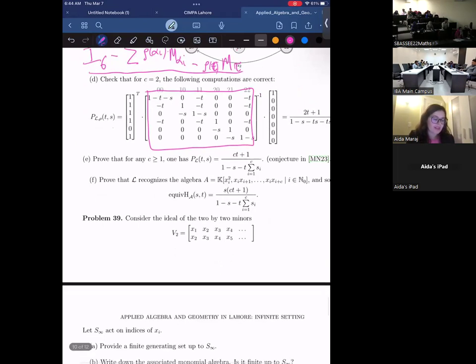Is anyone trying 39? What do the generators look like? There are two types there. There are the ones that are square free, and there are the ones that have a square showing up. They are of the form x1, x3 minus x2 squared, or x1, x4 minus x2, x3.